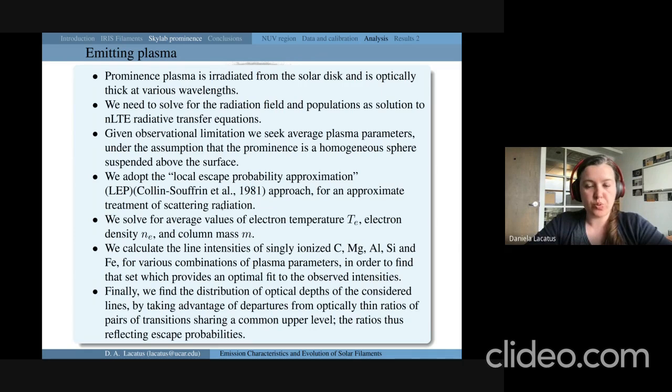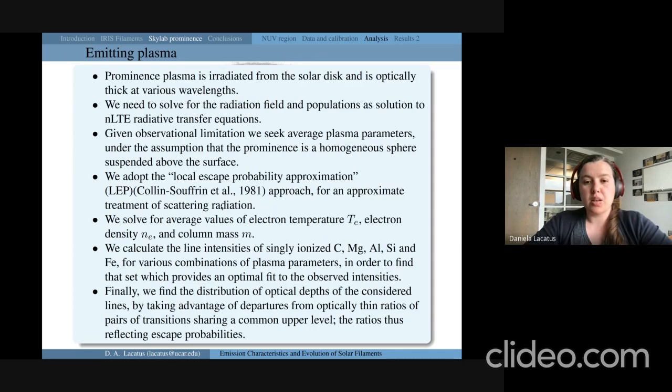We need to solve for the radiation field and the populations through a set of non-LTE radiative transfer equations. Given our observational limitations, the recovered parameters will be, as I said, average properties within the prominence.